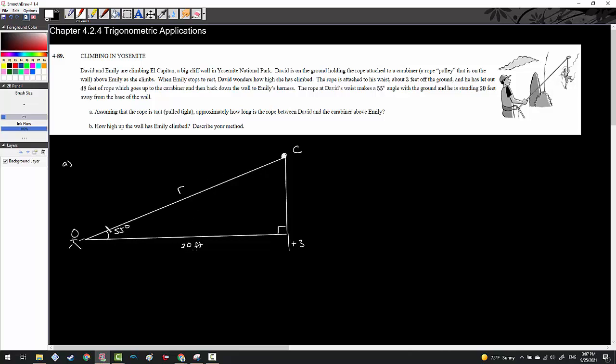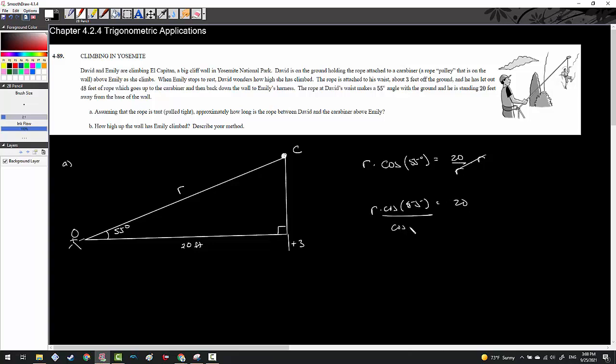So from here, I've got an angle. I've got an adjacent side. I've got a hypotenuse. To me, the most obvious relationship is to use cosine. So I'm going to say cosine of 55 degrees is going to be equal to 20 over R. I'm going to multiply the R on both sides. I have R times cosine of 55 equals 20.